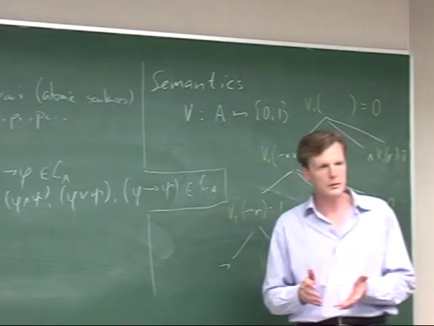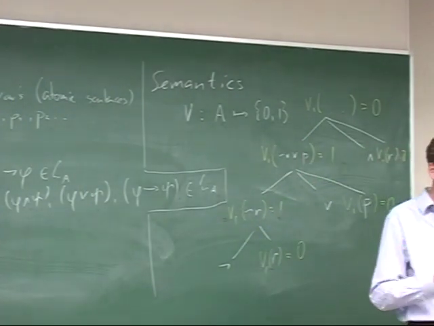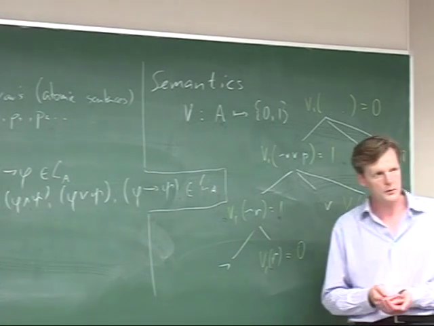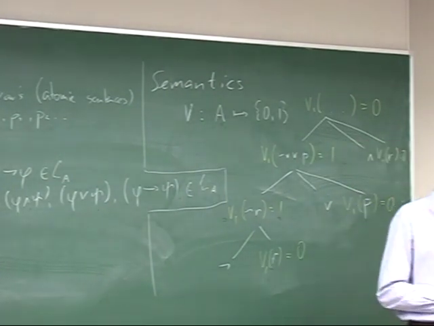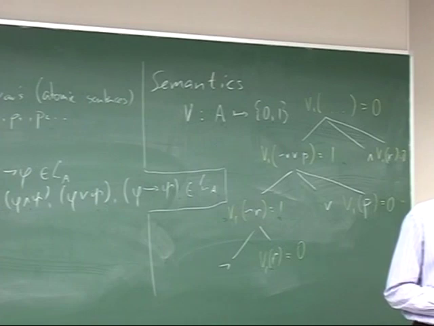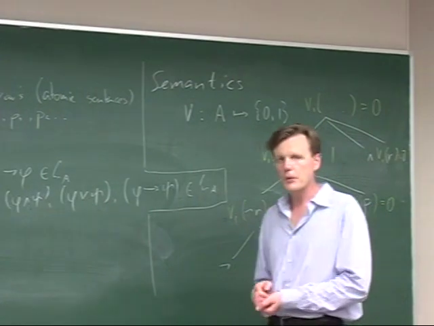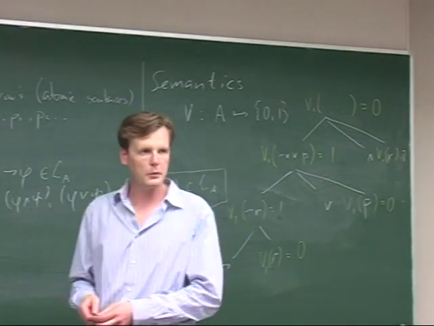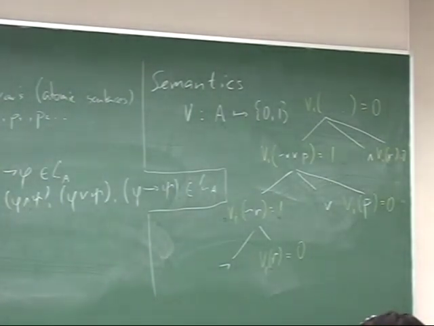V2 is again a class, not just one state of affairs, in which P is true, R is false, and so on. And in principle, there are enough states of affairs for however many atomic sentences we want. There should be enough possible, so in the abstract sense, possible states of affairs.